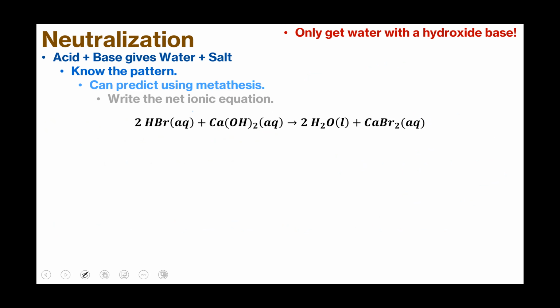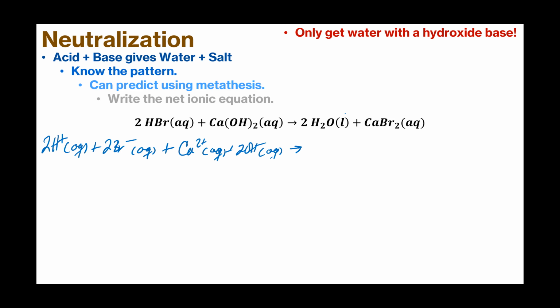So 2HBr means we're going to have 2H plus. This is a strong acid, so it will dissociate. We're going to get 2Br minus as well. We said calcium hydroxide is a strong base, so we're going to get a calcium 2 plus. Then we're going to get 2OH minus aqueous.